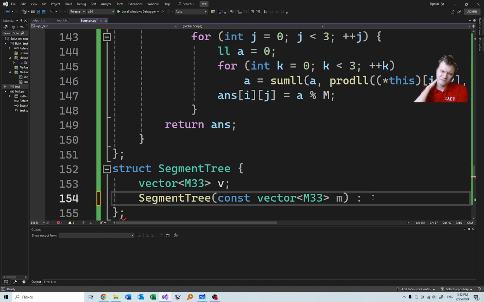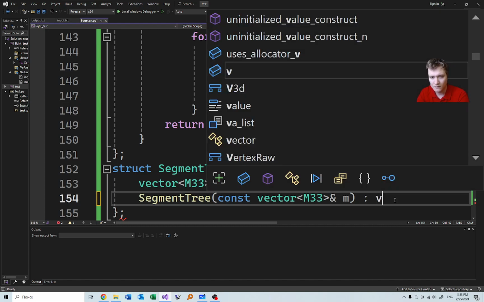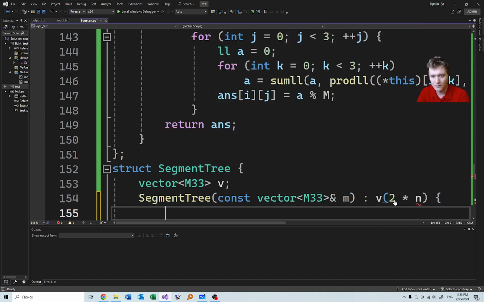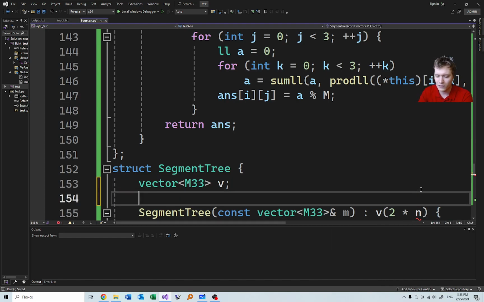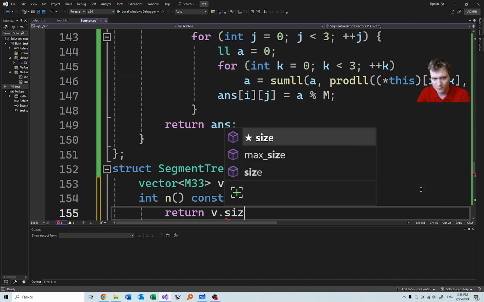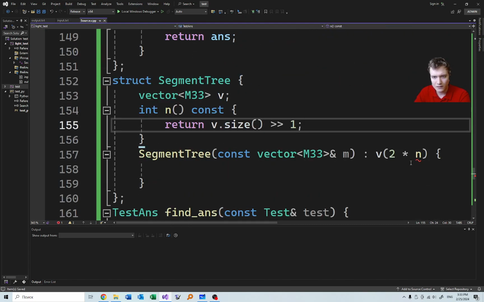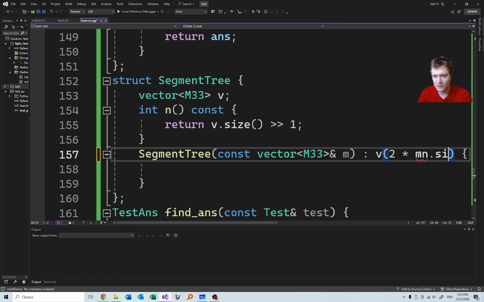If we have n matrices, we will need two n here. Okay, well, we need int n, and here we need m.size.